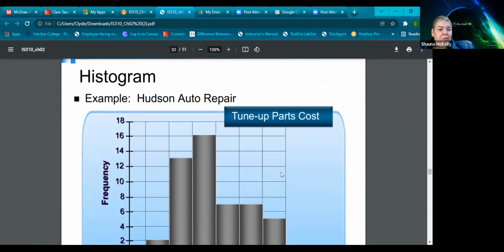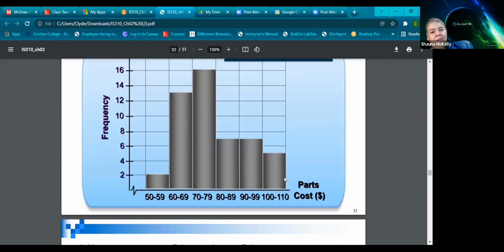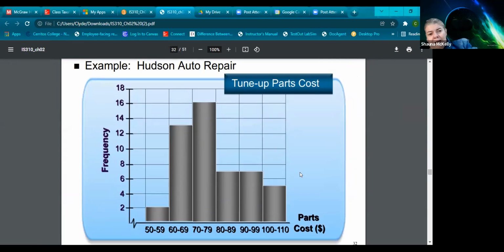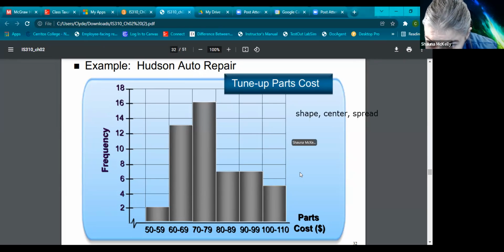Then she shows you a histogram. Now, just to help you with this, let's go back one slide, before we talk about skew. When you talk about distributions, we talk about 3 characteristics. We talk about more, but we talk about 3: shape, center, and spread. Shape we can describe in different ways.